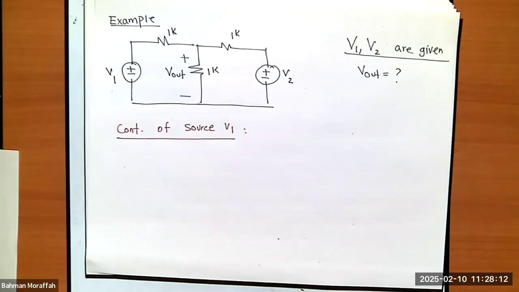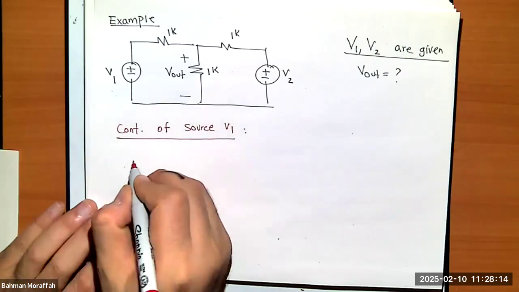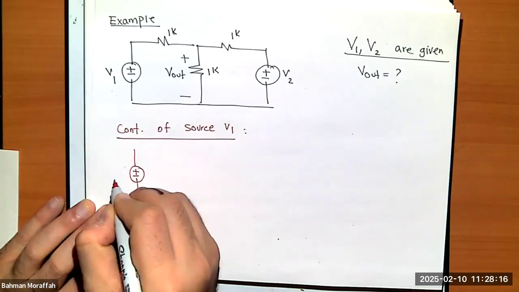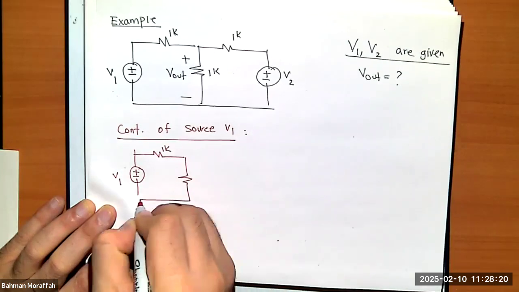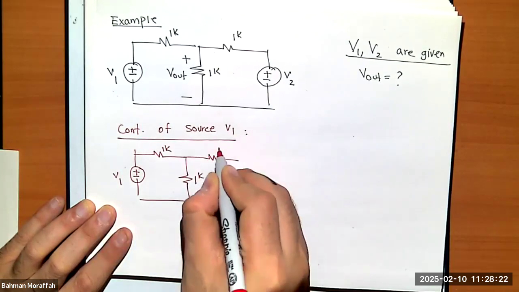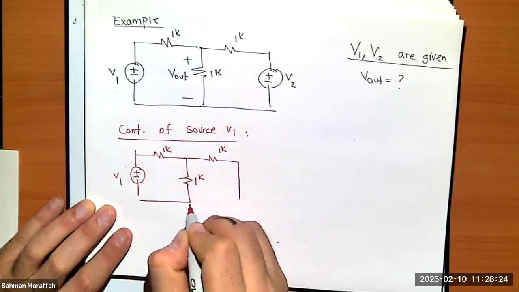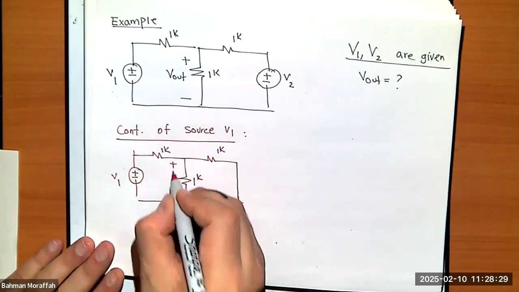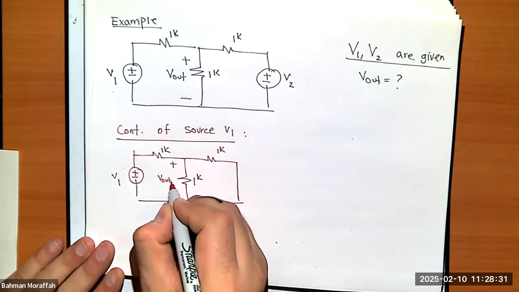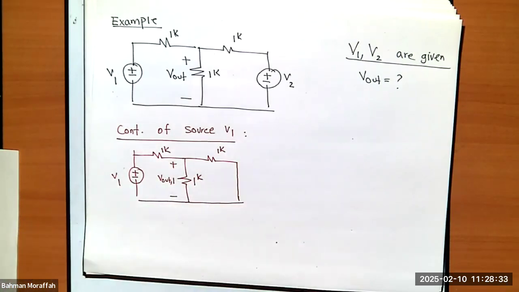So my circuit would look like this. I have V1, I have 1K, 1K, another 1K, and I zero out V2. Let's call the voltage across this 1K V out 1, which is the contribution of source V1.